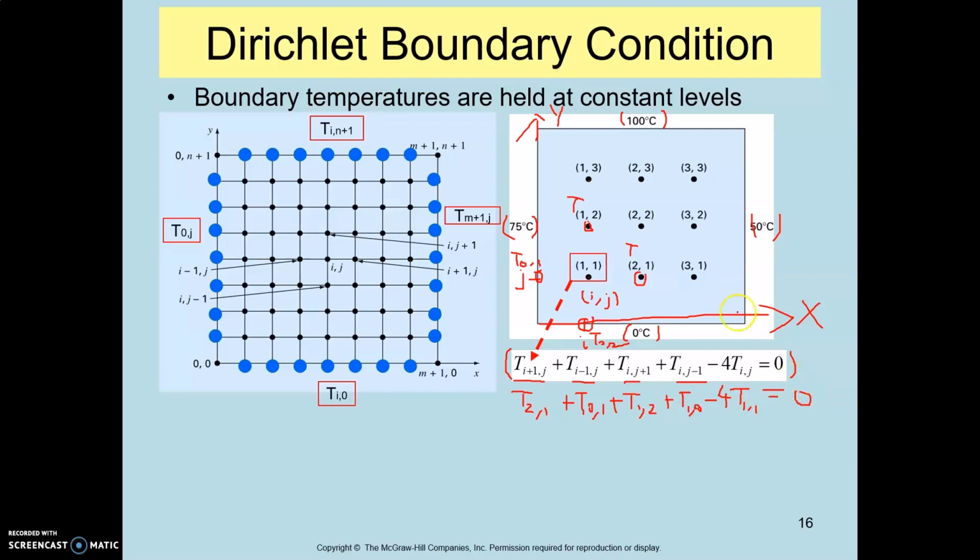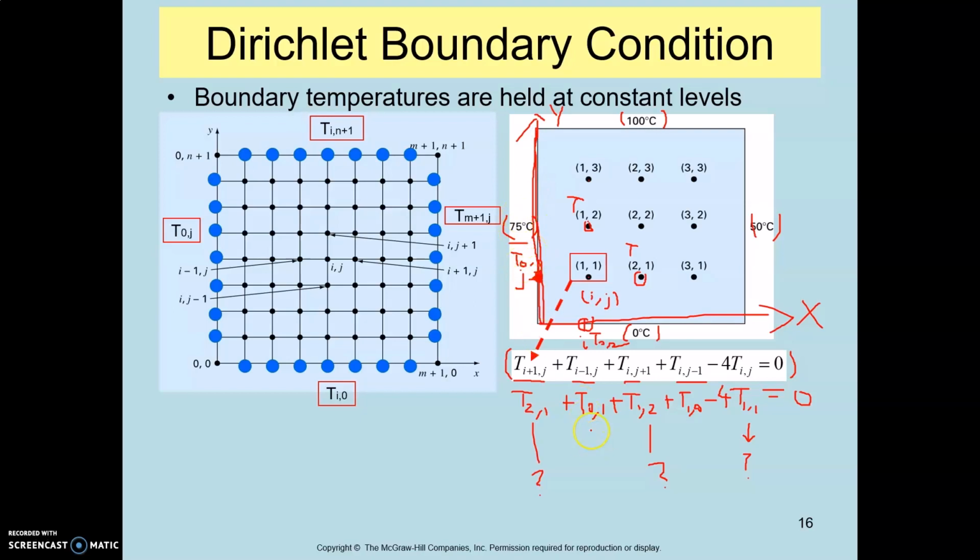So with that, you don't know T11, so this one you don't know. How about T21? T21 you don't know as well. T12 you don't know as well. So these are the things that you don't know. But you know about, okay, here T01 at the corner is given as 75 degrees Celsius. In fact, all the points here are 75 degrees Celsius.